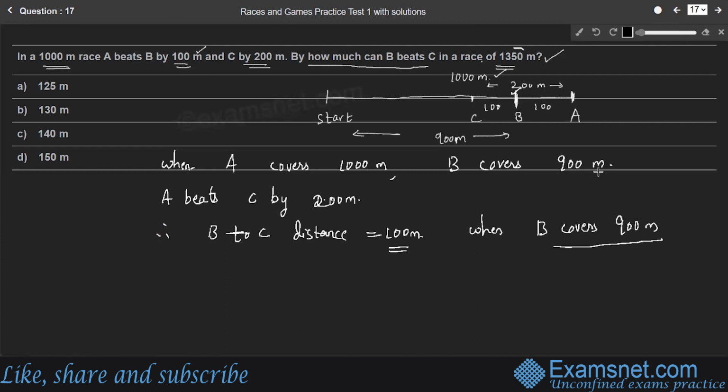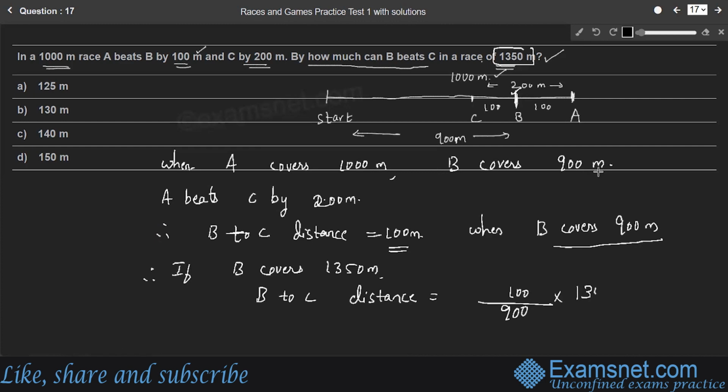So when B covers 1350 meters, by how much can B beat C in that race? The B to C distance, or C to B distance, both are the same. If B covers 900 meters, the B to C distance will be 100.